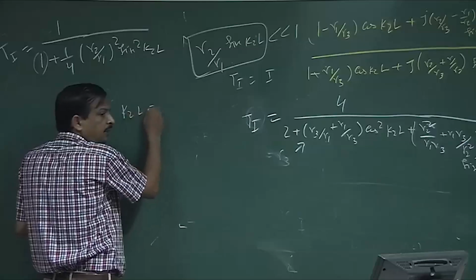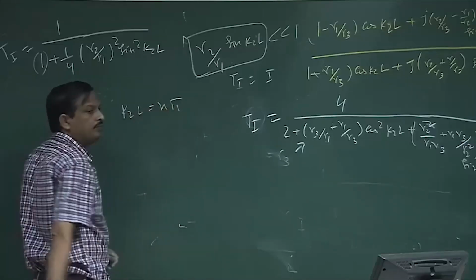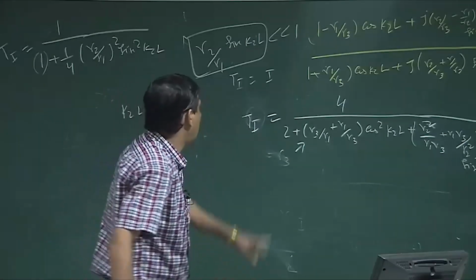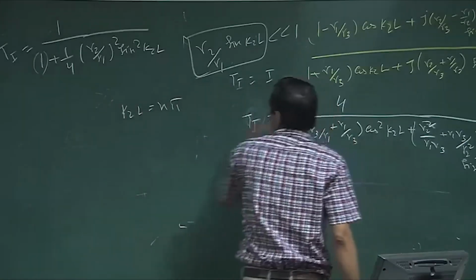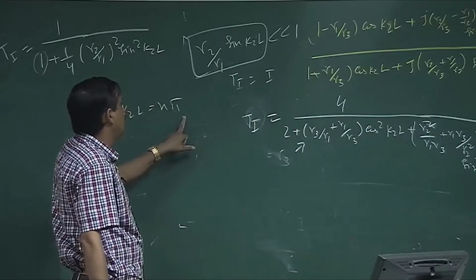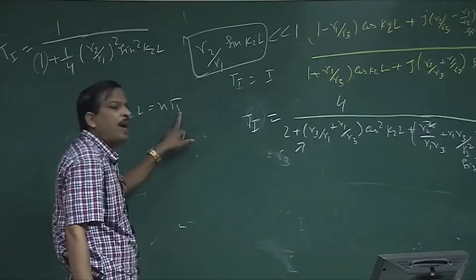K2L is equal to n pi, so cos square K2L is the cos square of an integer multiple of pi.